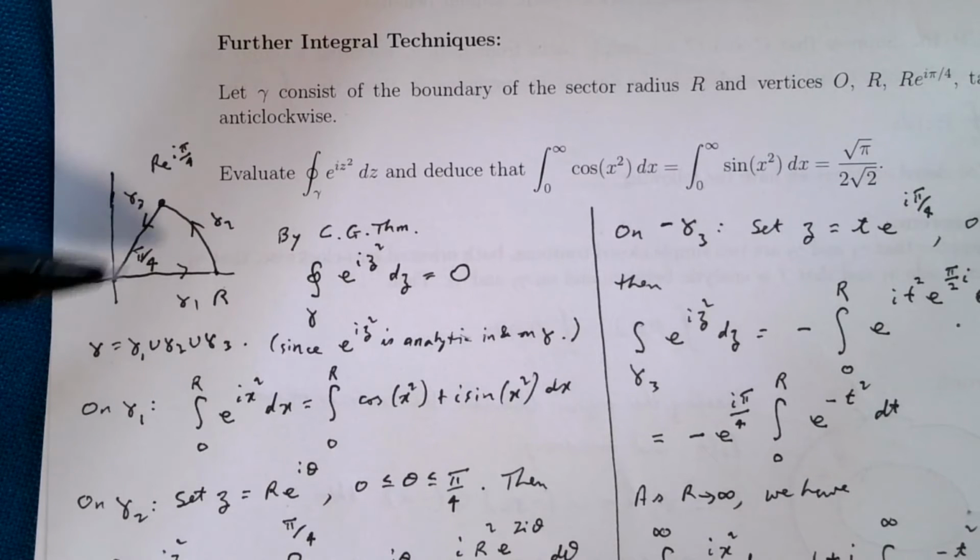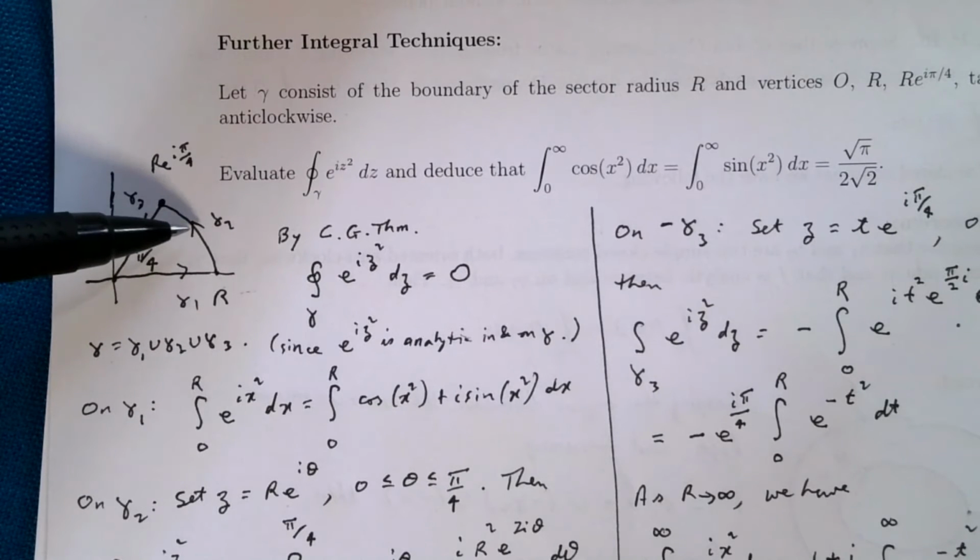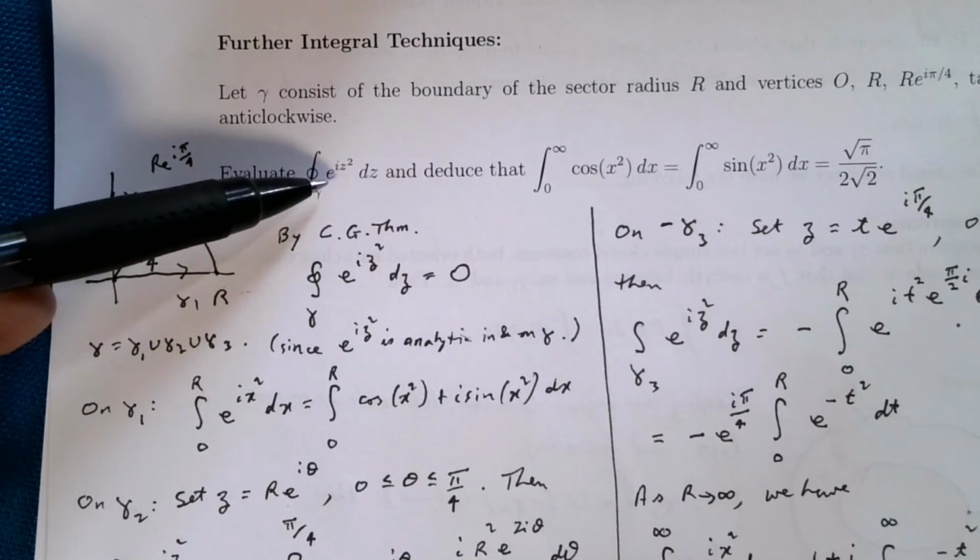You would think as r goes to infinity, gamma 2 is going to get longer, but we're going to show that its contribution to the integral actually goes to 0.